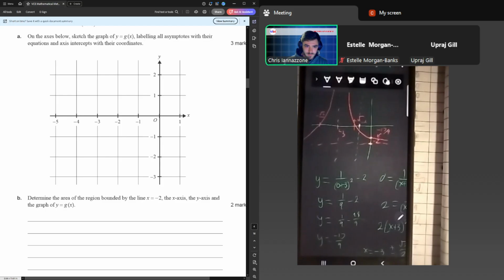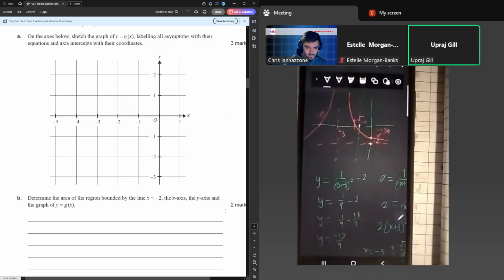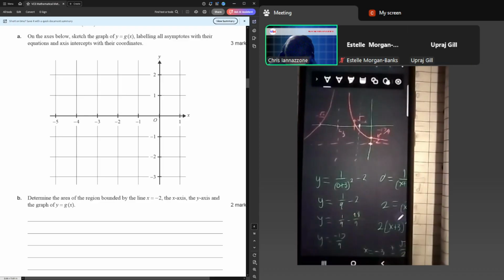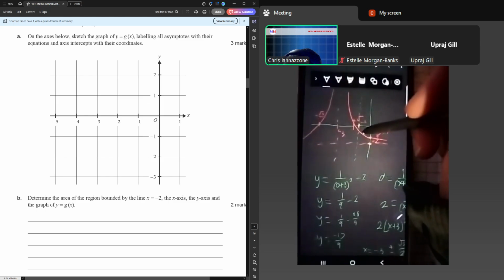So would we want to do g of -2 to find the y of where it intersects with the graph? And then obviously the rest is just the little bit in the corner. Oh, okay. So yeah, that second bit that you said. So the stuff that you want is in the corner.